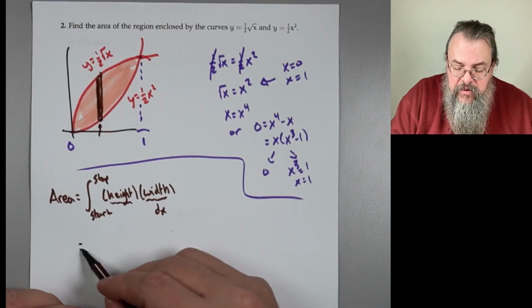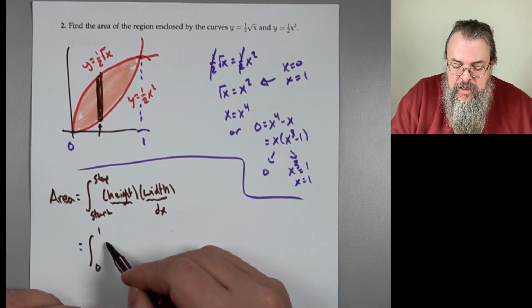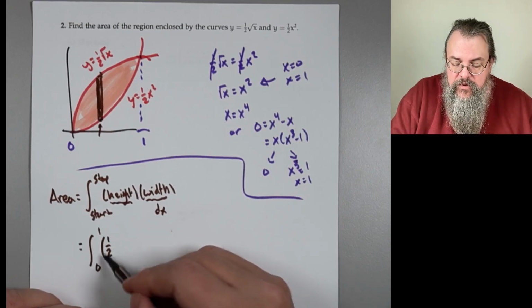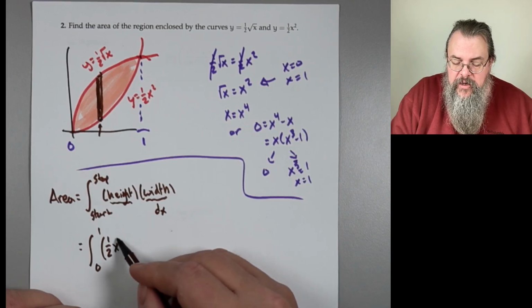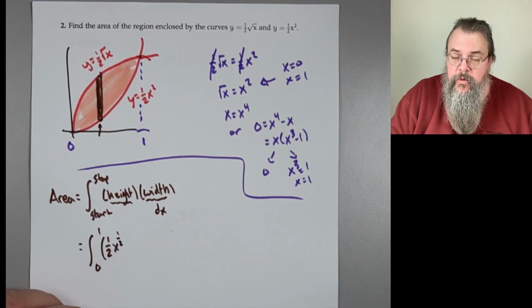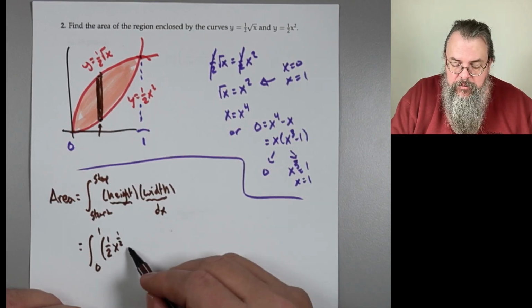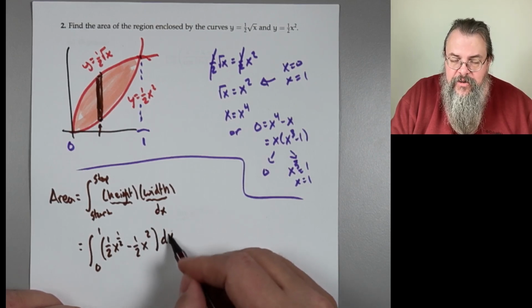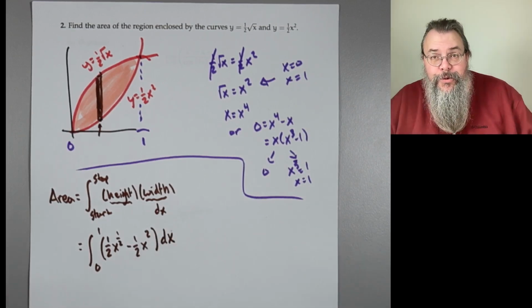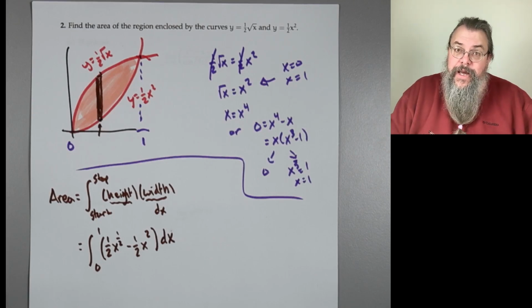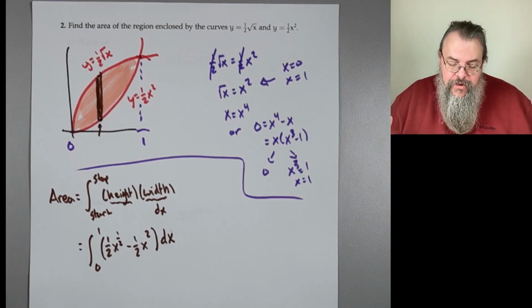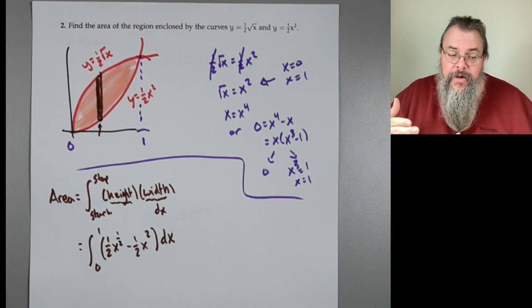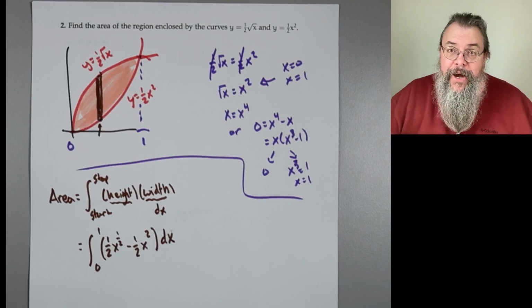In our case, from 0 to 1, top is 1/2 square root of x. We'll write that in our calculus-friendly way as x to the 1/2 power, and then minus 1/2 x squared. I call it calculus-friendly because our rules are for x to a power, so we want to make sure we have x to a power.